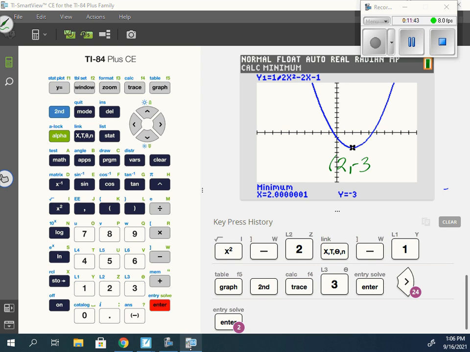Now, when we talk about increasing and decreasing, we're trying to look at the graph and see what it's doing. We always refer to increasing and decreasing as along the x-axis, and we start from the left and go towards the right. Now, for us here, the graph starts picking up at about right here. And what is it doing as I go from left to right? It's decreasing.